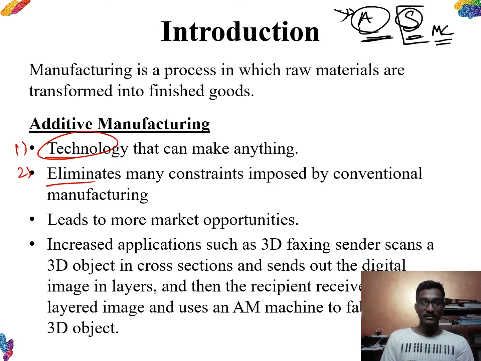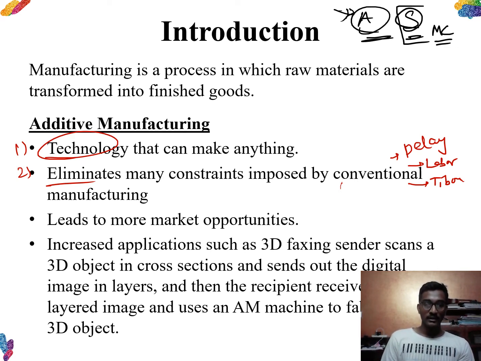In conventional manufacturing there is so much delay in time, and also so much need of labor, and it's a tedious, time-consuming process, and we also need strict visualization. But additive manufacturing removes it all at once.